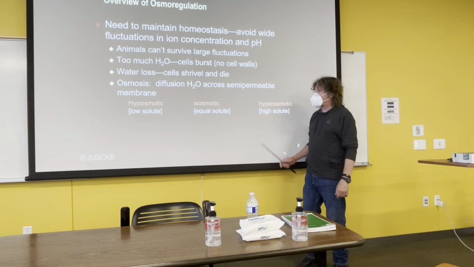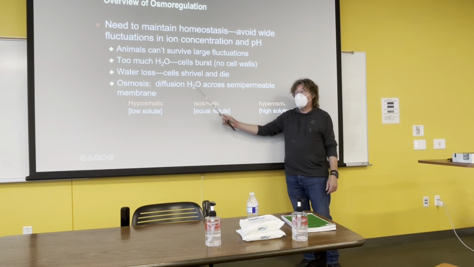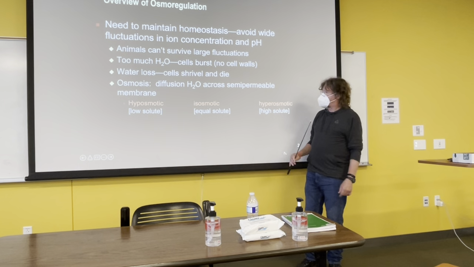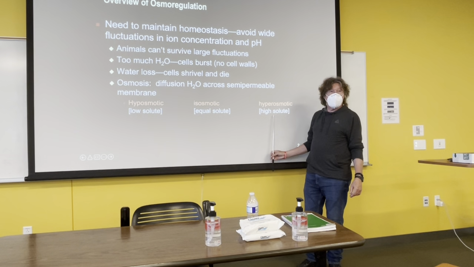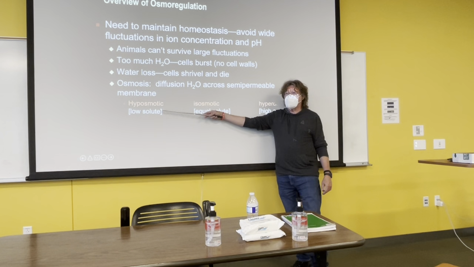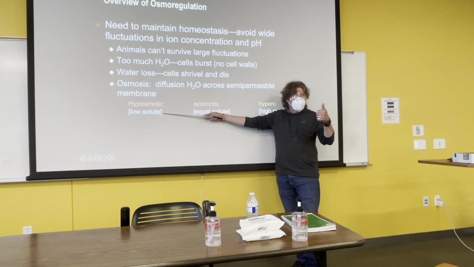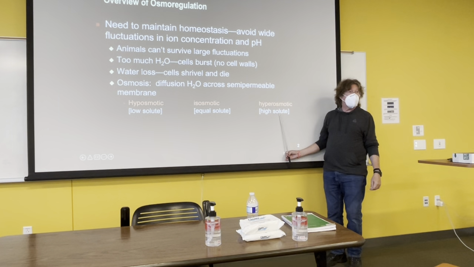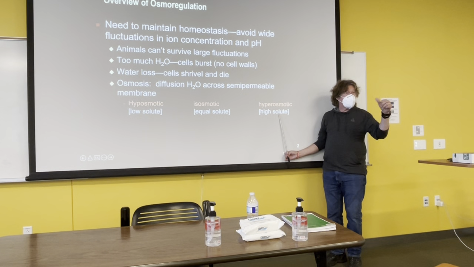And the flow of water would be from the hypoosmotic into the hyperosmotic, because where the solute concentration is low, the water concentration is high. Where the solute concentration is high, the water concentration is low.